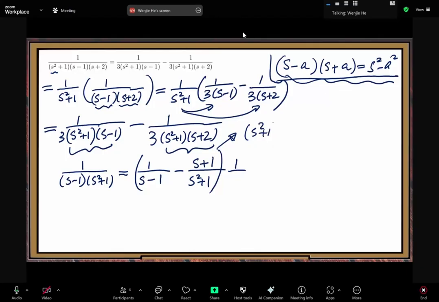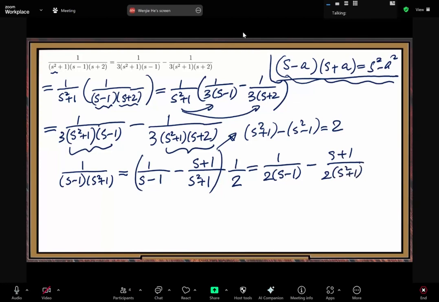S plus 1 minus S squared minus 1. Then it's 2. So you need to multiply 1/2 to cancel out that 2 at the numerator. So you will get 2 times S minus 1 minus 2 times S squared plus 1.